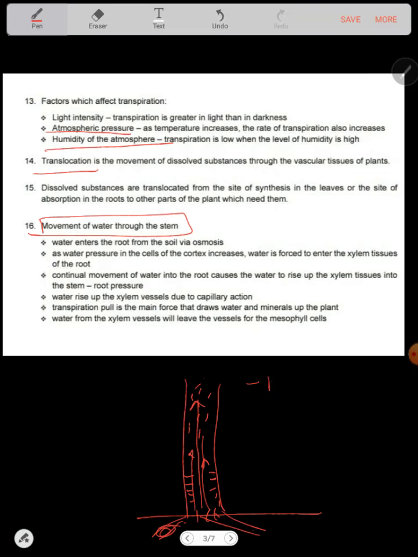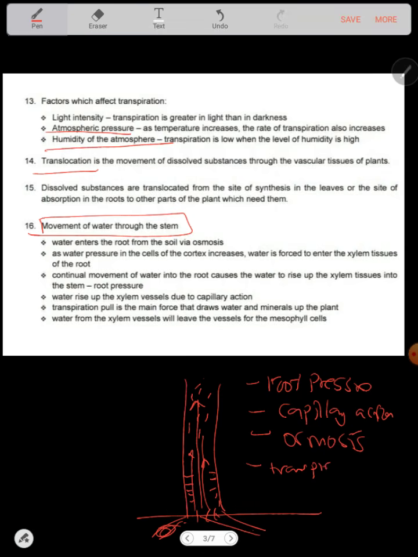So here we've got root pressure, things that accompany the movement of water. We have capillary action. We also have osmosis. Transpiration pull as well is the main force that draws water and minerals up the plant.